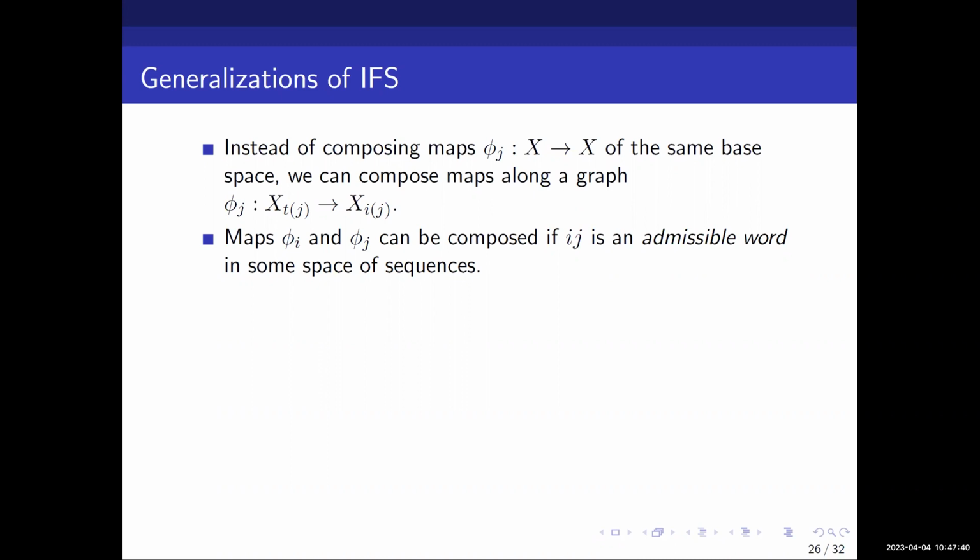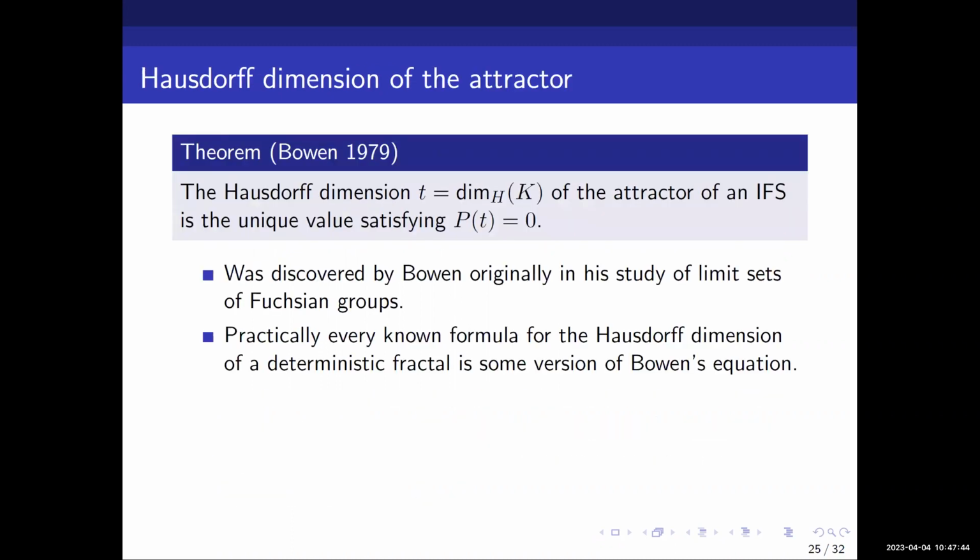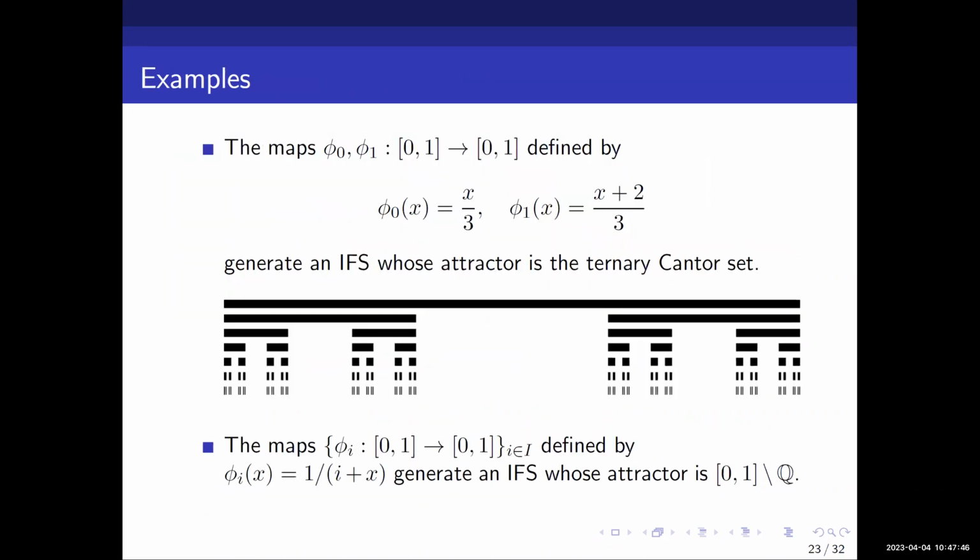If you like, you can think of the middle thirds Cantor set. Go back here and just imagine if we started dropping out terms. Let's say that when I get to the second generation, I just throw this one away. That would correspond to forbidding the word 0, 0.